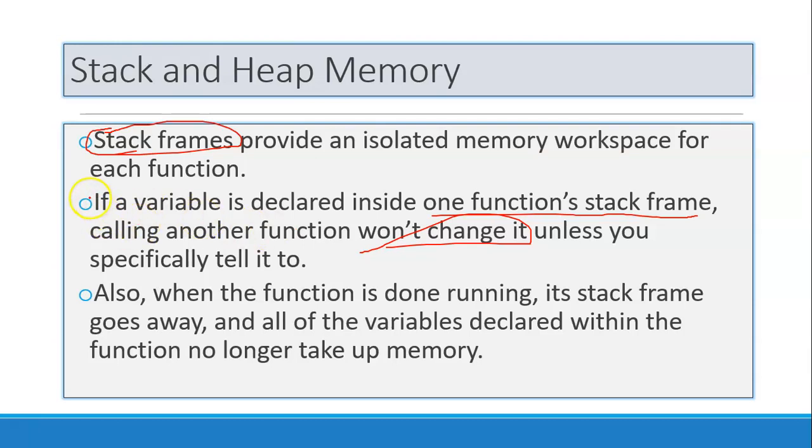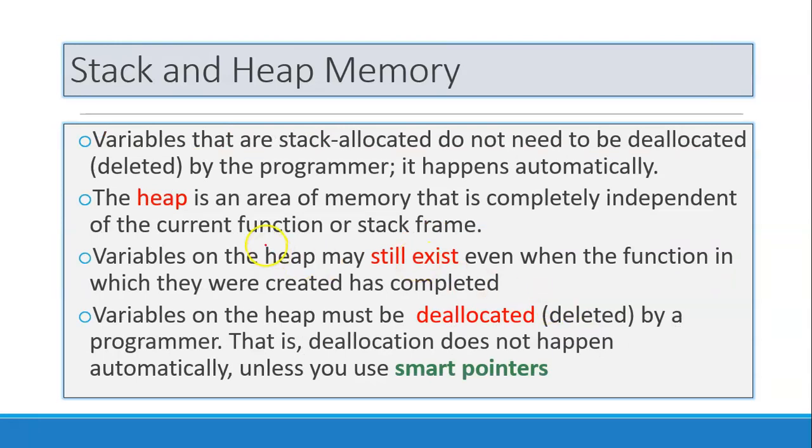But in our case, we are generally just making a statement here to say, if you have declared variables in one function and you call another function, that other function cannot see the values of this other one because they are in 2 different frames. Okay, so we have already stated this.